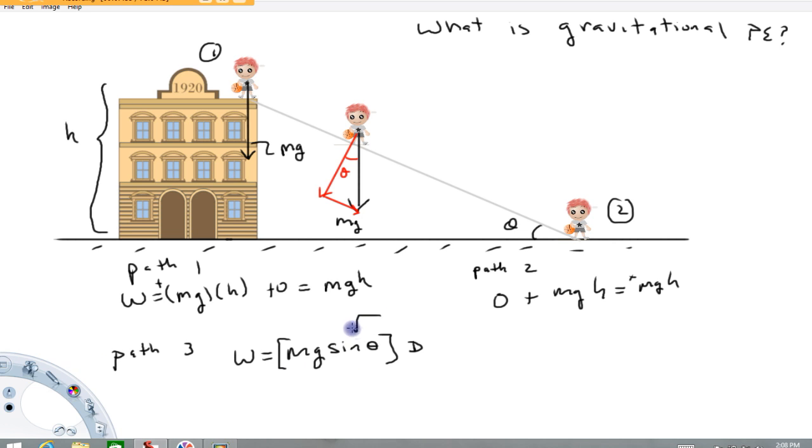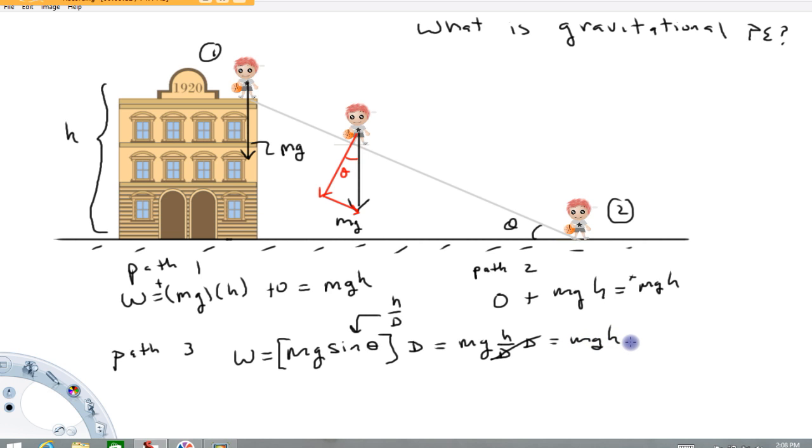So this guy right here can be written h over d. And when we place this here, you'll notice that when I write this out, mgh over d times d, these now cancel and we get mgh.